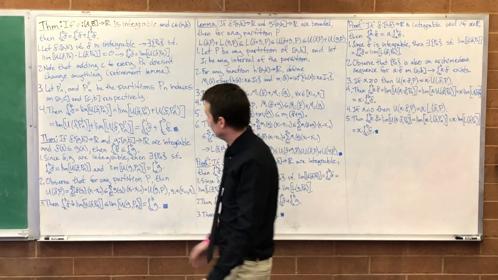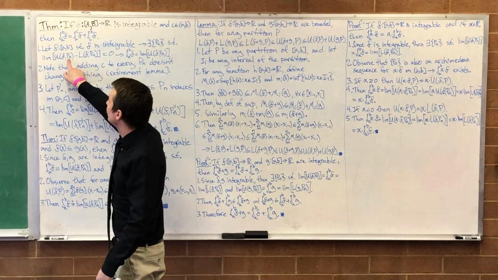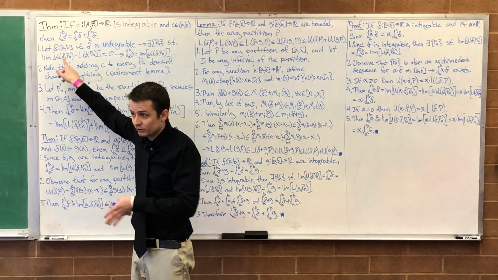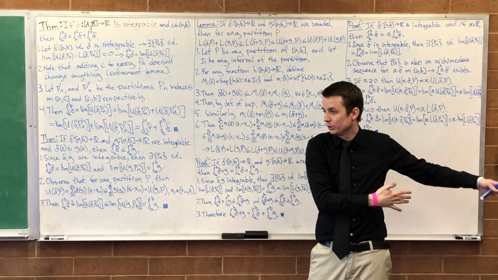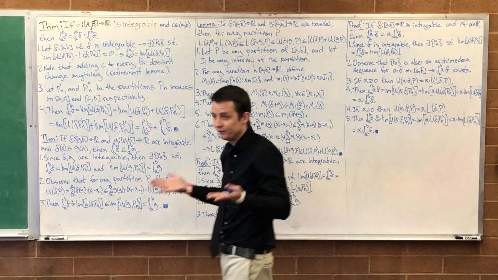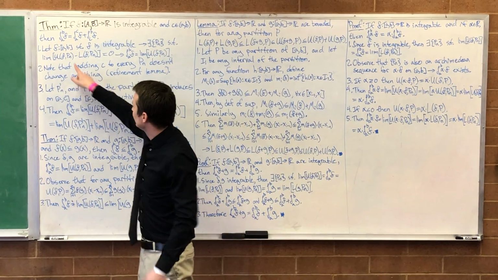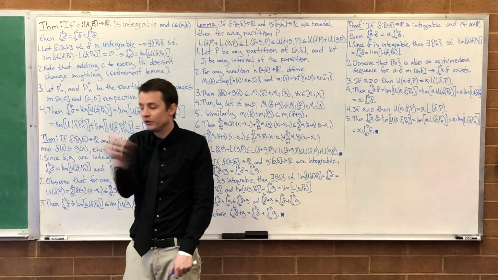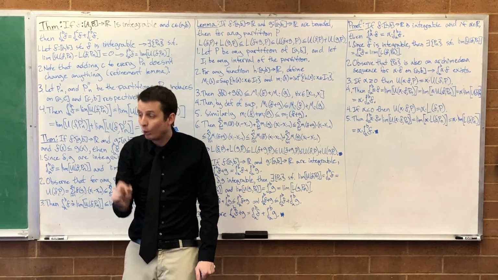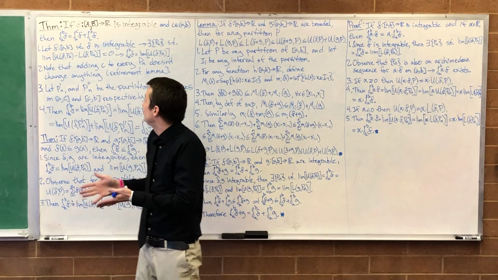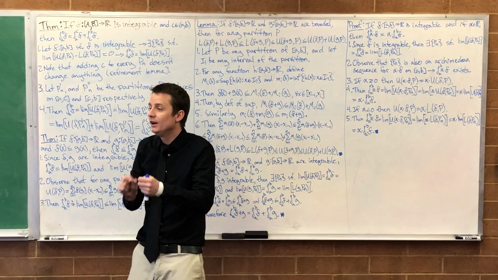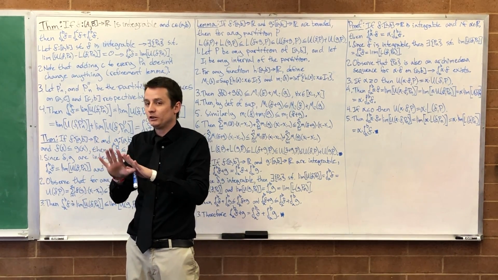Okay, so now what am I going to do? I'm going to take, so this is a sequence of partitions. So it's a partition, and then a finer partition, and then a finer partition. That's kind of what it's doing, getting arbitrarily fine. I'm going to take the sequence of partitions, and to every one of those partitions, I'm going to add the point c in there. So if this partition didn't already have the point c, adding the point c just makes the partition finer.